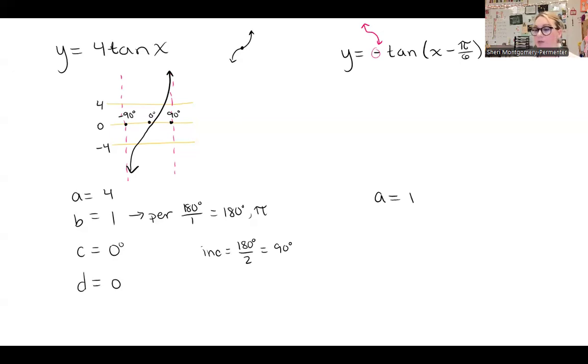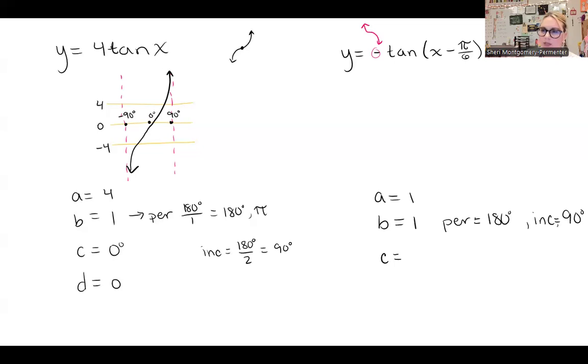Amplitude is always absolute value, so it's always positive. For this one, B is 1, so again, my period is 180, and I'm going to move in increments of 90, just like the other problem. The only thing that changes is the phase shift.